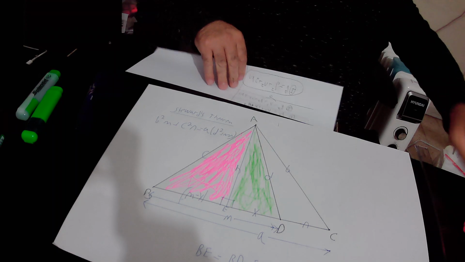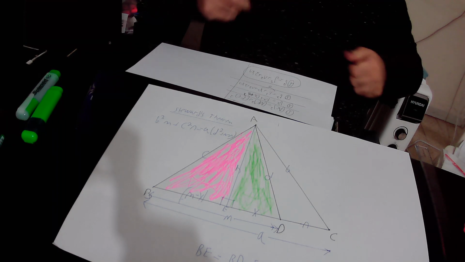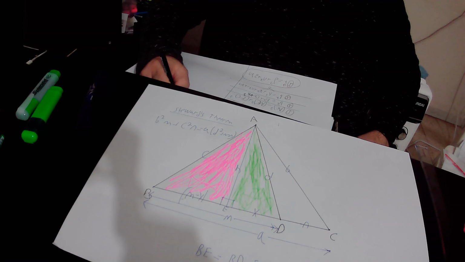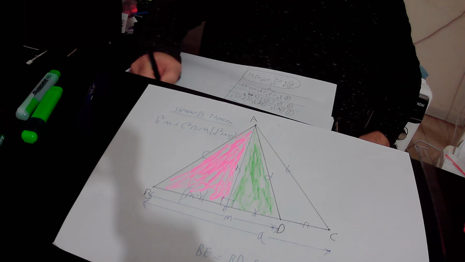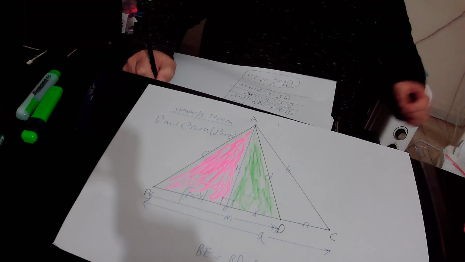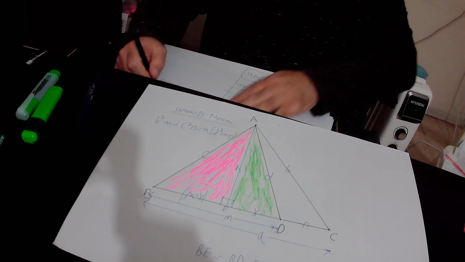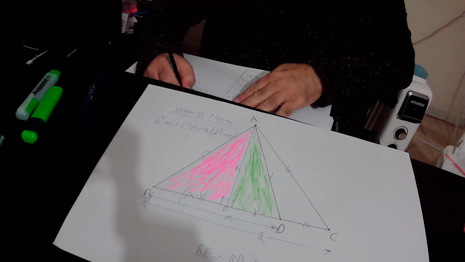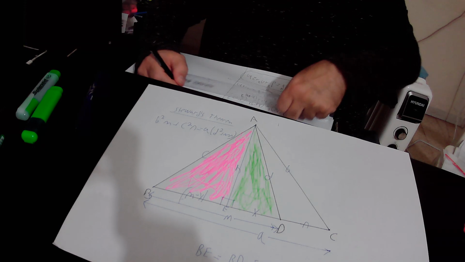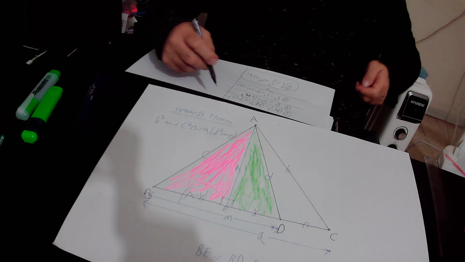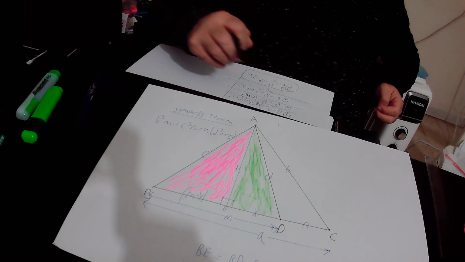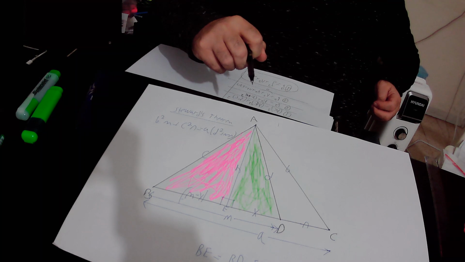According to the Pythagoras theorem, in the right pink triangle ABE, the square of the hypotenuse equals the sum of the squares of the perpendiculars.